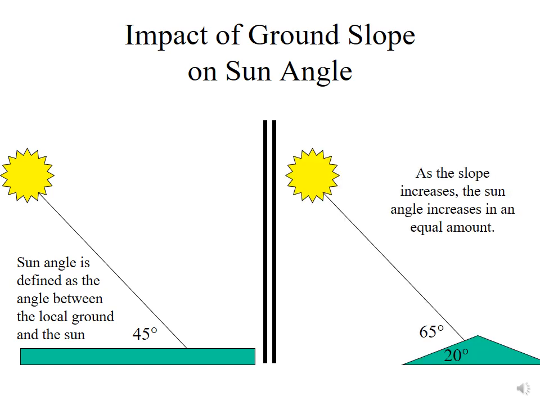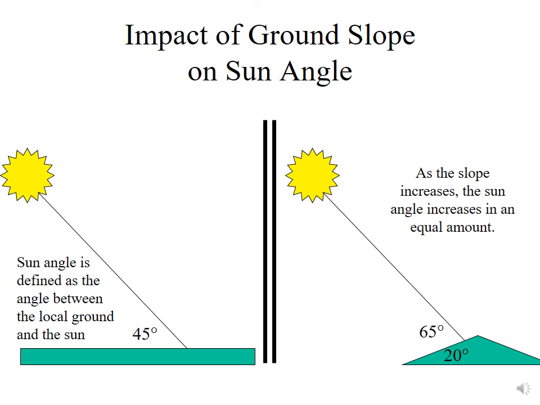Here we have a 20-degree slope, and what that has done is increase the apparent sun angle for that particular slope. And that will increase the flux of radiation, or excuse me, the amount of radiation received on a watts per meter squared basis for that southern exposure, if we're in the northern hemisphere.